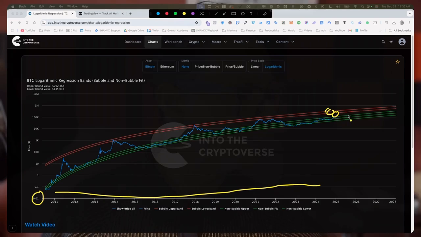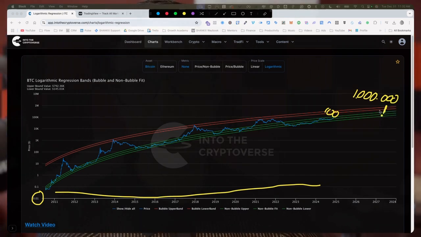But now we get to see here anywhere here, we get to go from 100,000 to, let's pretend, $1 million. And that is super, super awesome. And I think that answers the question, are we too late for Bitcoin?